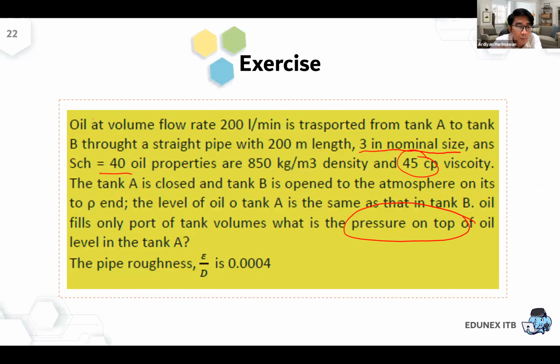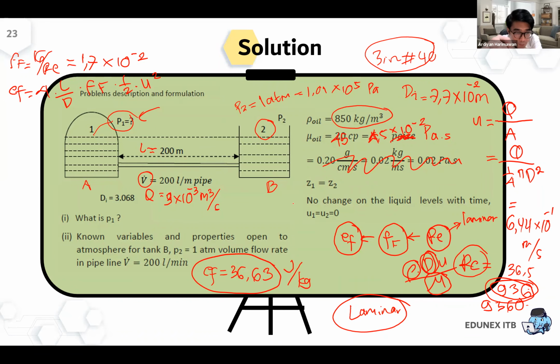And you have the information here that tank A is closed, tank B is open to the atmosphere, and the level of oil in tank A is the same as in tank B. So from this information, you can say that Z1 equals Z2, because the level is the same.